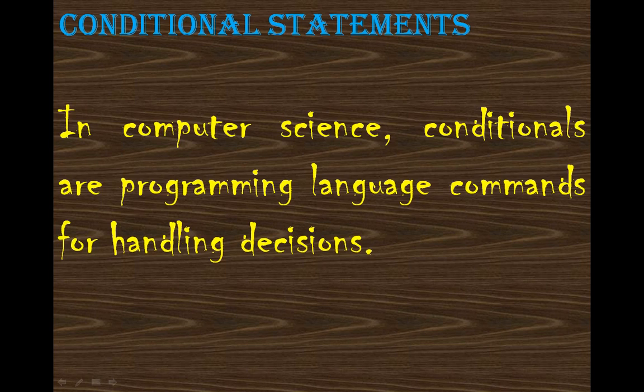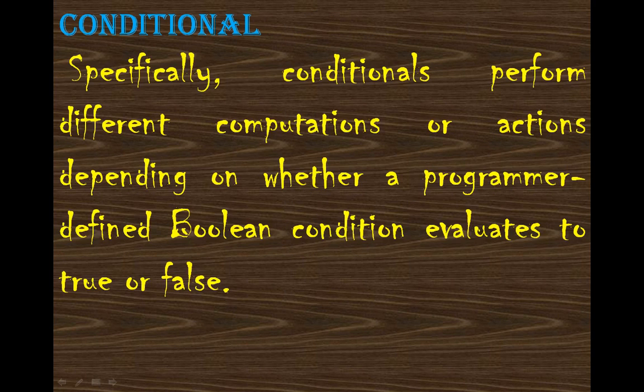So conditional statements allow us to take decisions and to work based on them. This is the concept of a conditional statement. In computer programming languages, conditionals perform different computations or actions.